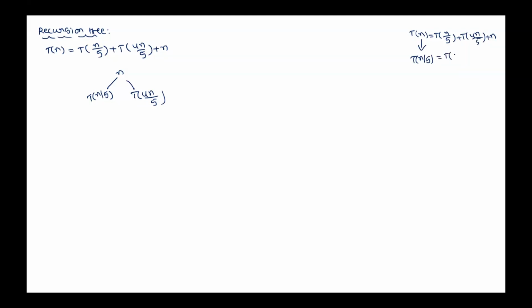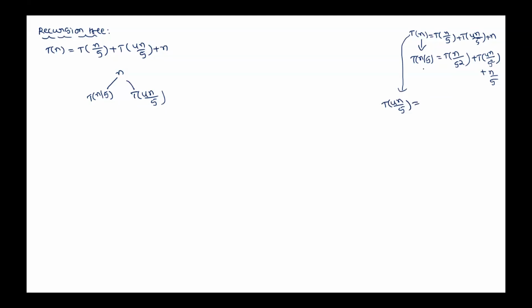It becomes T of n by 5 square plus T of 4n by 5 square plus n by 5. Is this correct? Wherever n is there, n by 5. Similarly, what is T of 4n by 5?